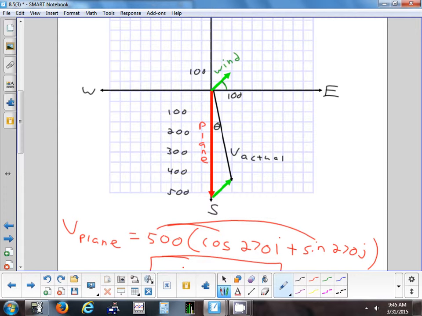And let's say the angle comes out to, I'm just going to make this up, 6 degrees. You could say the plane is being blown 6 degrees off course from flying due south. Okay, that's one way to say it. Or you could also say the plane would be flying, in terms of our directions, at 276 degrees. 270 would be straight down, but it's 6 degrees past 270, so it's at 276.